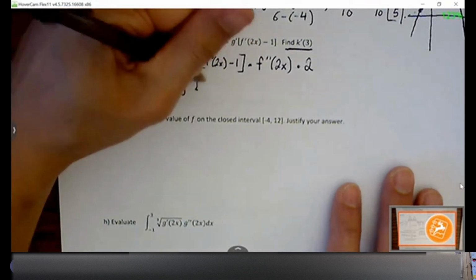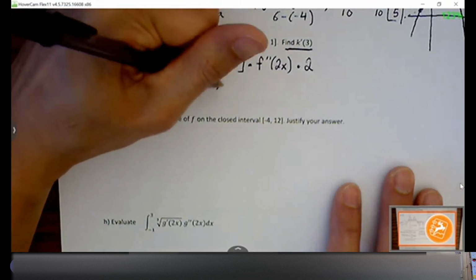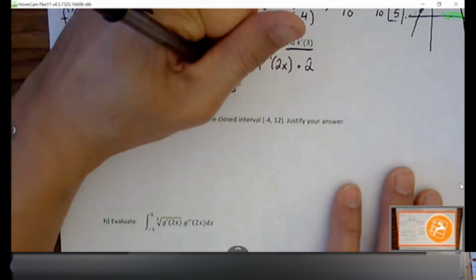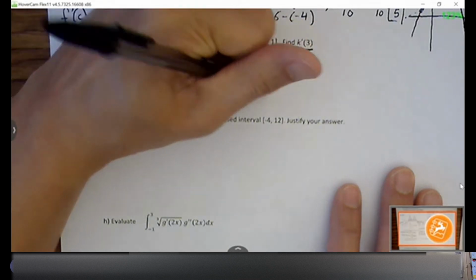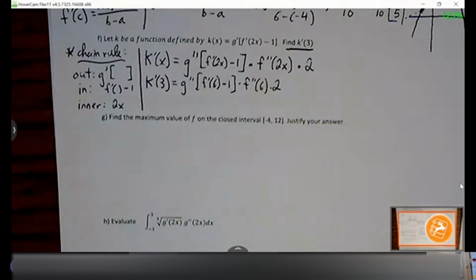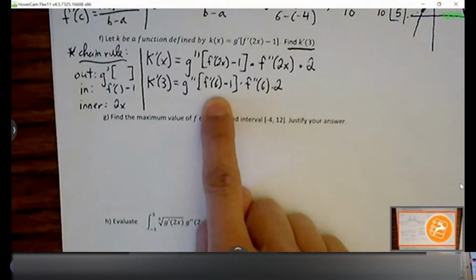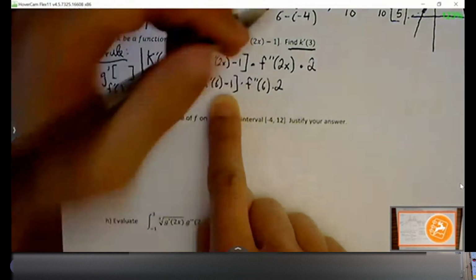So F prime of 6, G double prime of 6 times 2. Okay. F prime of 6 is 0. 0 minus 1 is -1.